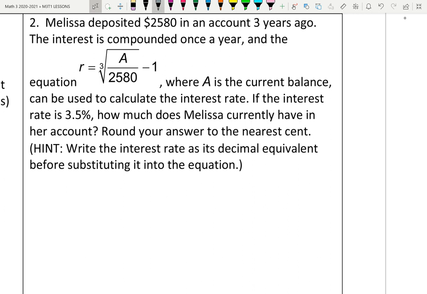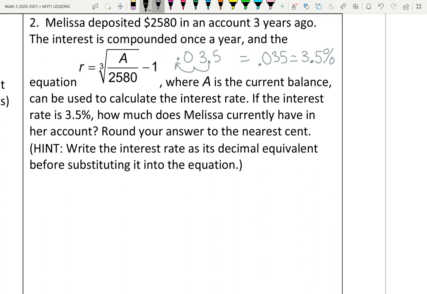I need to turn the interest rate into a regular decimal. A percentage is out of 100, so I need to move the decimal 2 spots over, 1, 2. Fill the gap with a 0. I'm going to be using 0.035 because that is the same thing as the percentage 3.5.